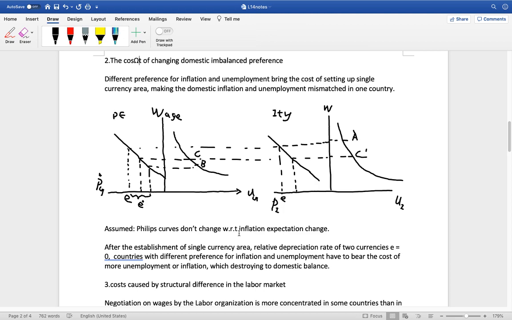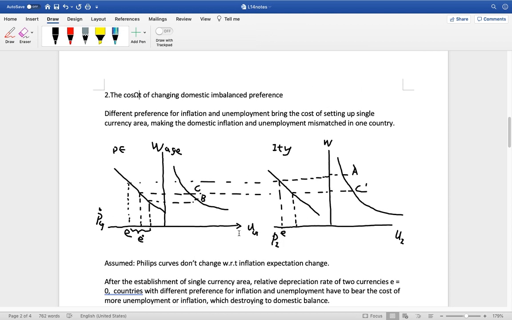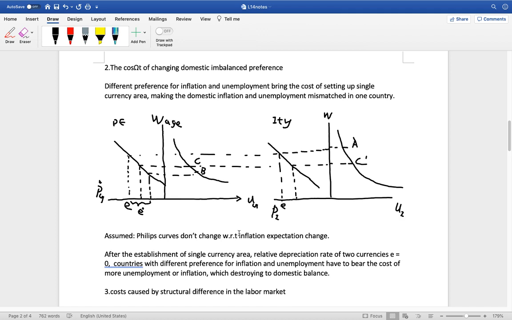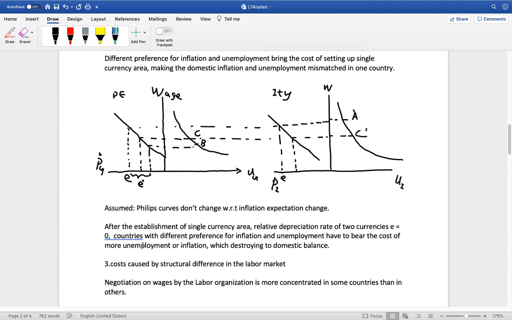After the establishment of the single currency area, the relative depreciation rate of the two currencies between the Deutschmark and the Italian lira, and the inflation, is denoted on the left from the origin.